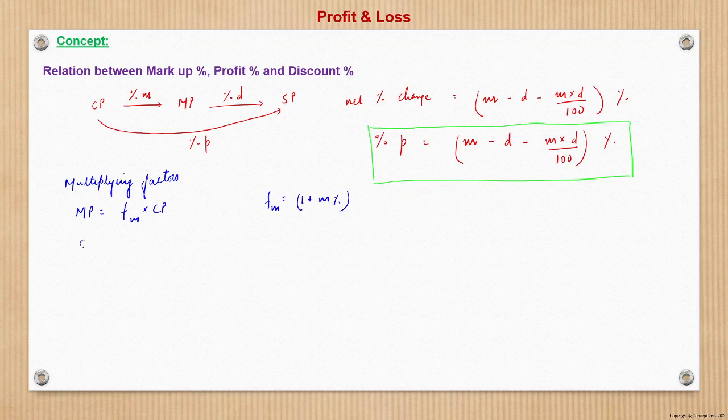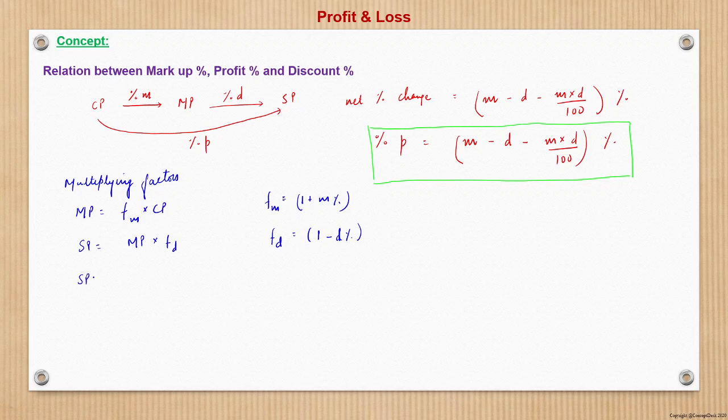Similarly, we can say that SP is nothing but MP into FD, where FD is the discount factor, and FD we can say is 1 plus D percentage, right? Since D is negative, it will actually be 1 minus D percentage.